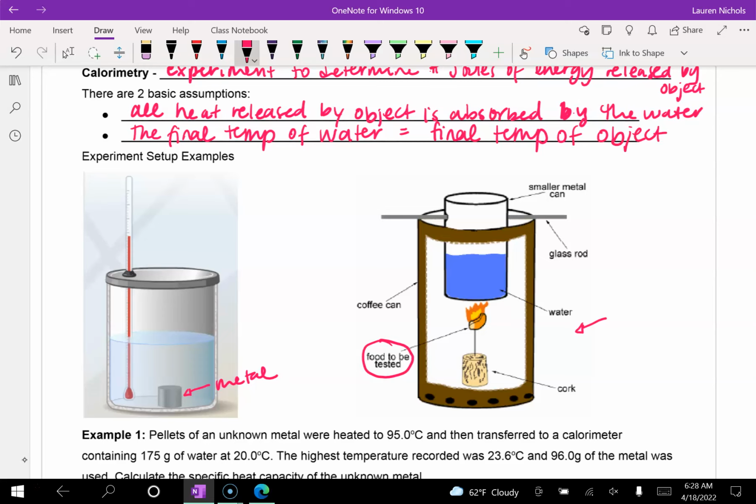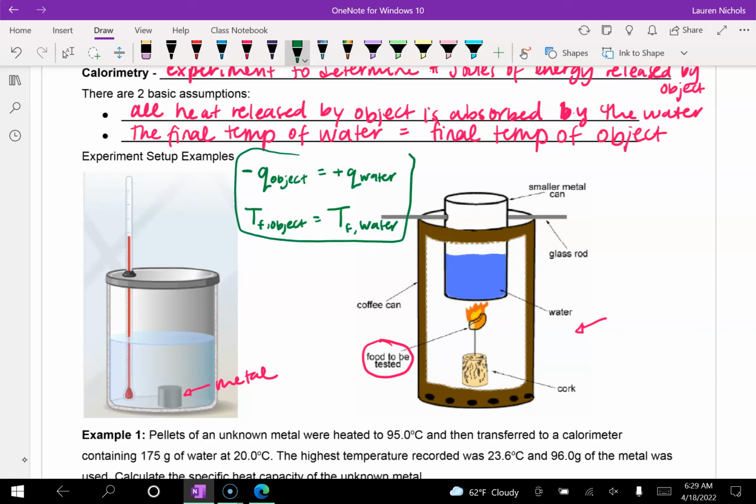So our two basic assumptions in more symbolic terms is that the heat that is released, so it's exothermic, it's negative, by my object is equal to the amount of heat that is absorbed by the water. And the other thing is that the final temperature of the object is equal to the final temperature of the water. These are the same things that we're looking at.